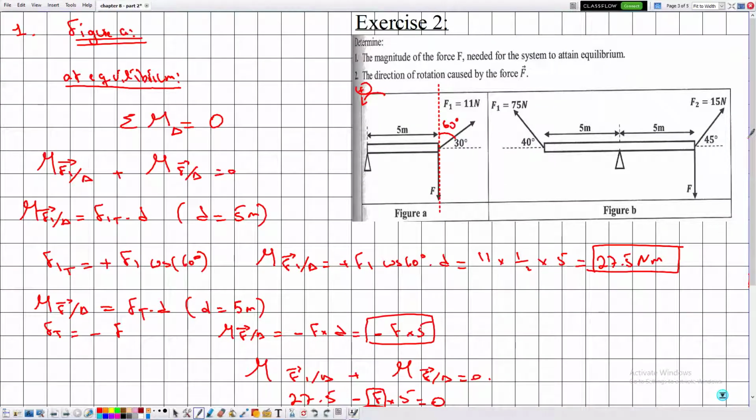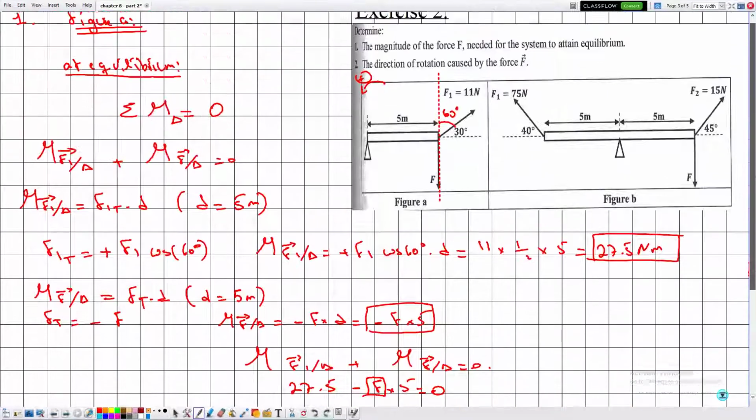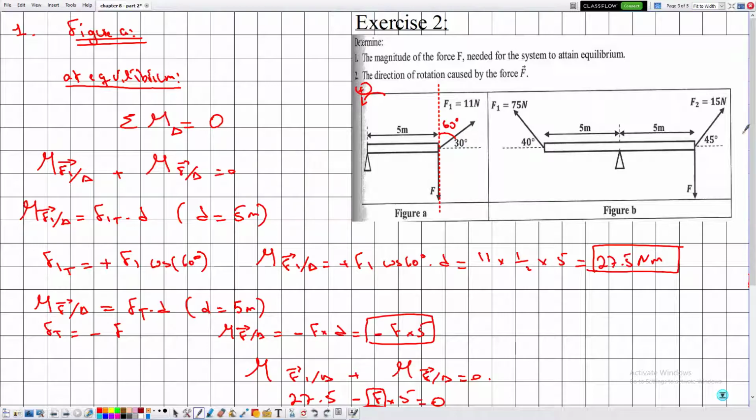Yes, if you try 11 multiplied by half, it will give you 5.5 newtons. Here the condition of translational equilibrium works, but in other cases it doesn't work.